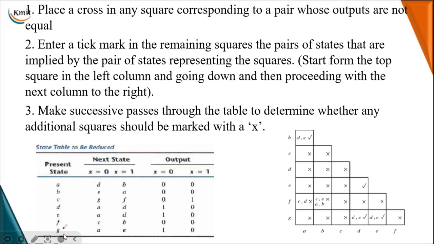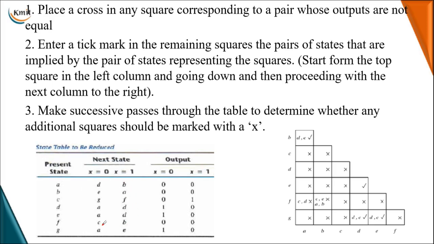Next, we will go for F. F is 0 0 here. X is 0, we have output 0. X equal to 1, we have output 0 for F too. So let me move to the states. Now A goes to D, whereas F goes to C. Next, A goes to B with X input 1, but F is also going to B. So for X equal to 1, A and F are going to the same state.